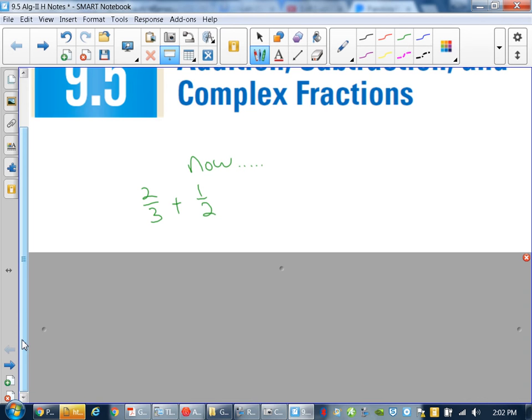So my common denominator would be 6. In order to change the 3 into a 6, what'd you multiply it by? 2. Which means you have to multiply the top by 2. And then the other one has to be a 1 times a 3. So if you add those two fractions together, long form, you get 7/6.